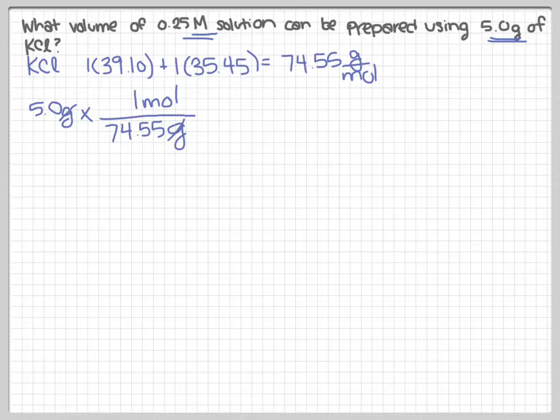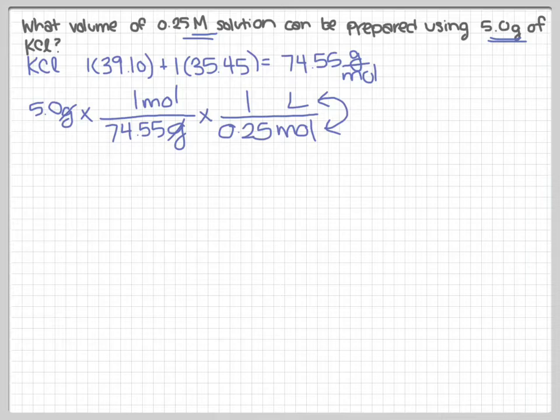Now I have moles in the numerator. I don't want moles in my answer; I want liters. They asked me what volume. So my next conversion factor is going to have moles in the denominator and liters in the numerator. This comes from my molarity, the 0.25 molar solution, which means there's 0.25 moles in 1 liter. Again, I had to invert this fraction so that my conversion factor would allow me to cancel out my moles and be left with just liters.